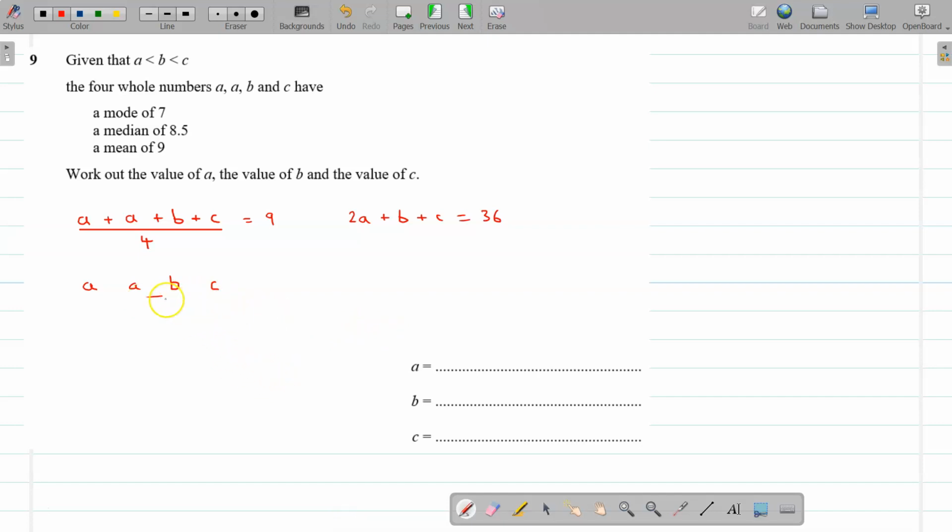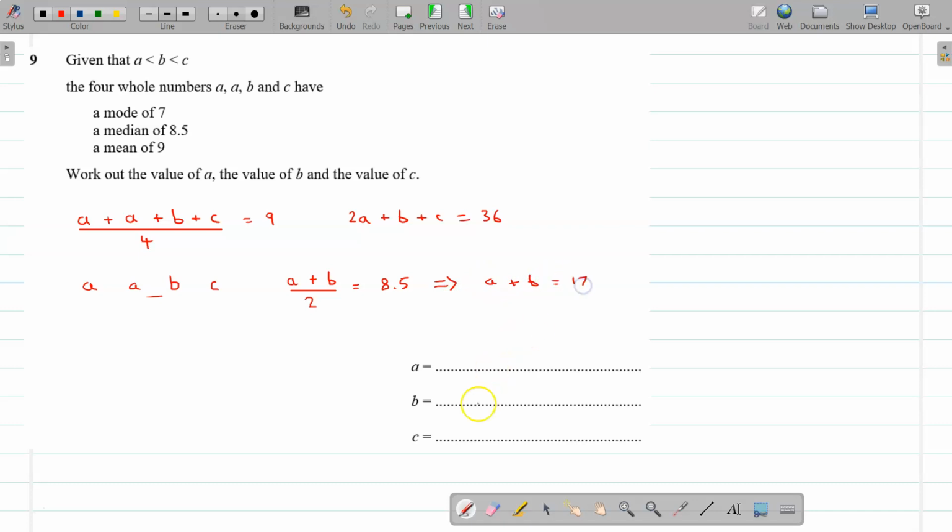So the median is the mean of A and B. From that, A plus B over 2 would have to be equal to 8.5. Therefore, A plus B must be 17.